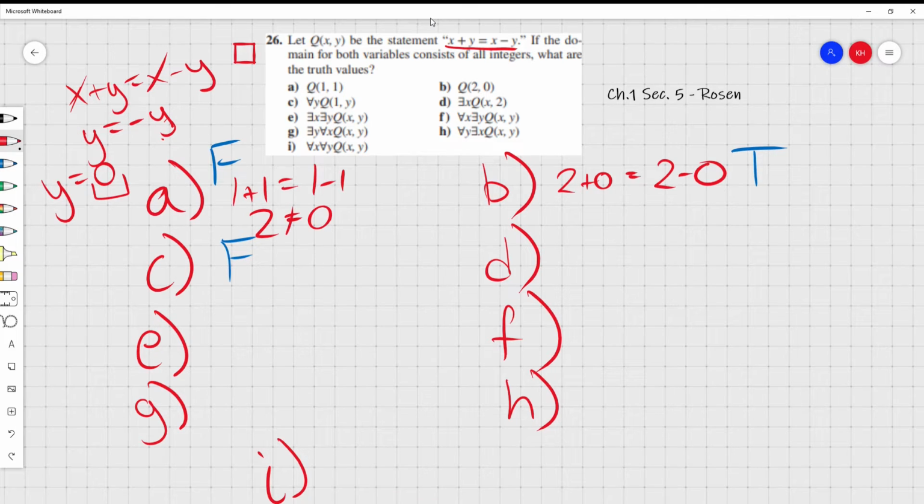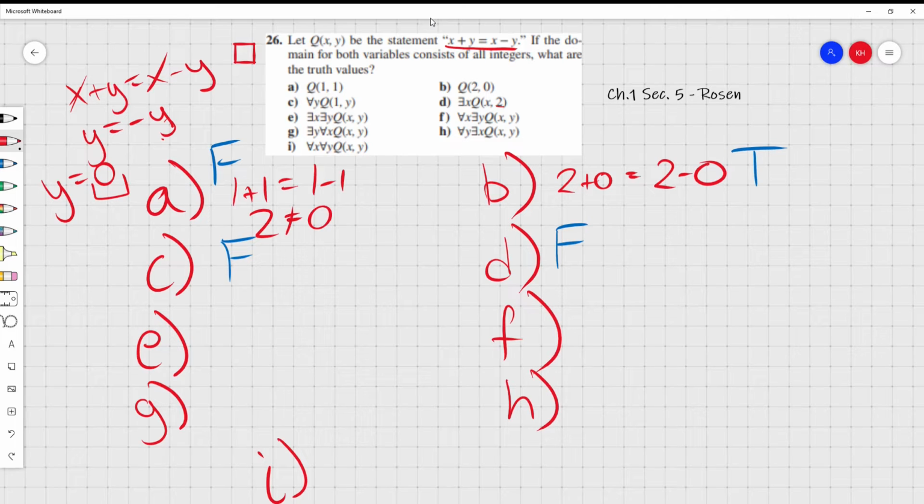D, there exists an x such that Q(x, 2) is true. Again, we've proven that any value of y that is not 0 will not work. So automatically, just by seeing the 2 there, we can say that this is going to be false.